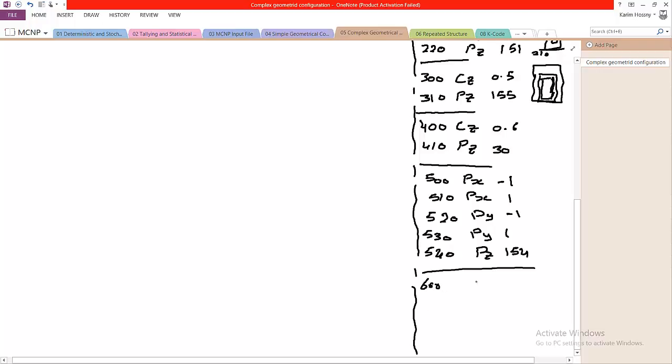Let's give it the base 600 px, let's say 2, its dimension is 4 by 4, 610 px to 620 py negative 2, 630 py 2, and then 640 pz, let's say 200.